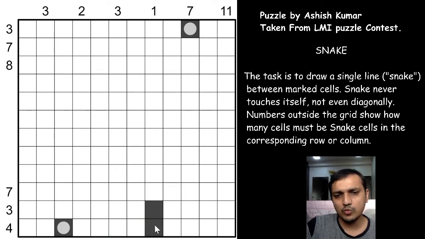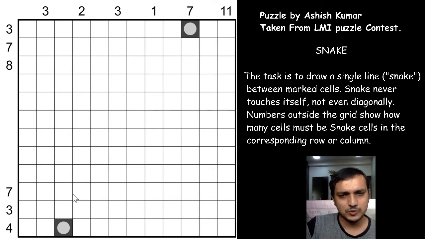If you use only 2 snake cells, then it has to go back and it will form a 2 by 2 group of shaded cells. So whenever the snake has to come to the edge and go back, you need to have 3 snake cells.